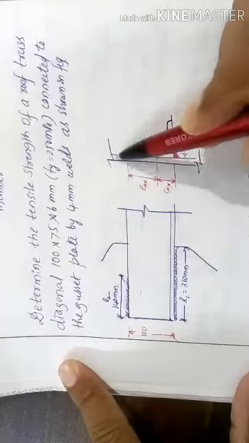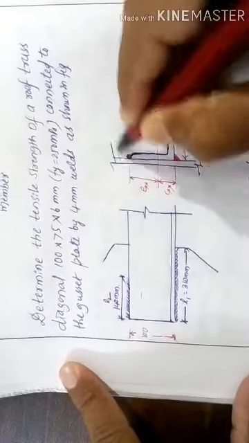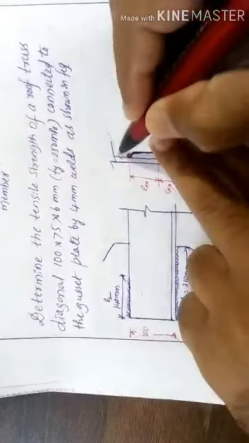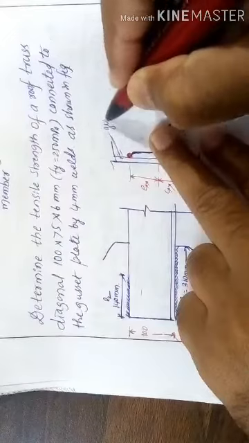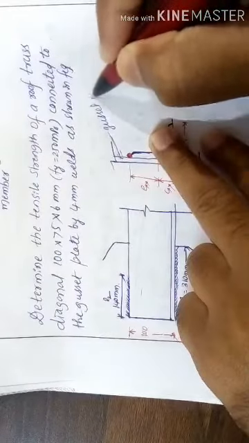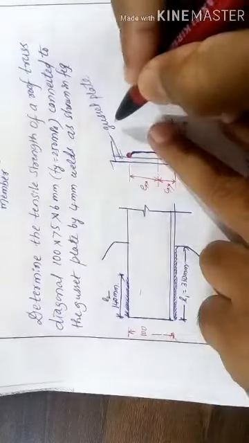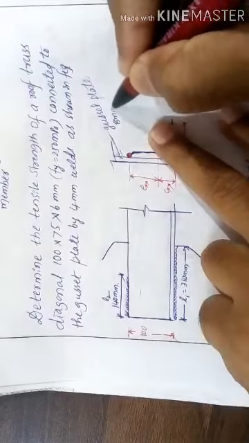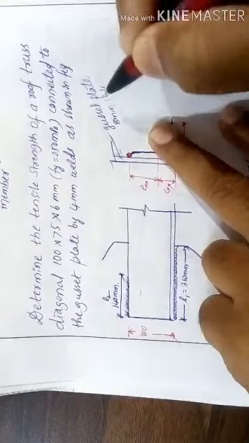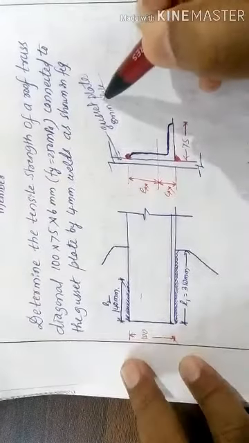This is the gusset plate. Let us take the gusset plate 8 mm thick.